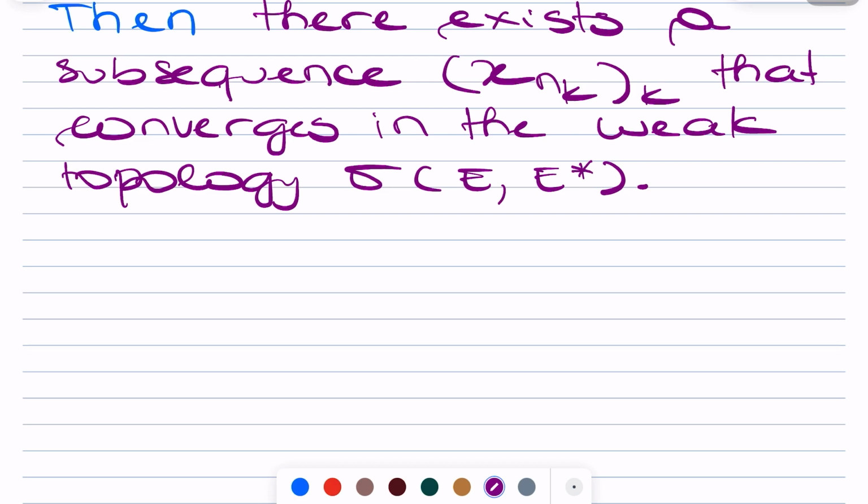So in a reflexive space, any bounded sequence has a weakly convergent subsequence.